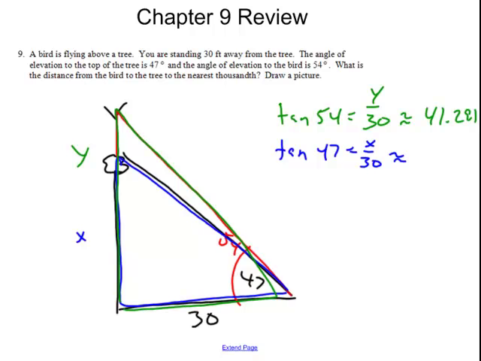So x is approximately equal to, if you do 30 times the tangent of 47, you'll get approximately 32.171. And if we do our subtraction, the height of the bird minus the height of the tree, we should get approximately 9.120 feet. The bird is about 9.120 feet higher than the top of the tree.